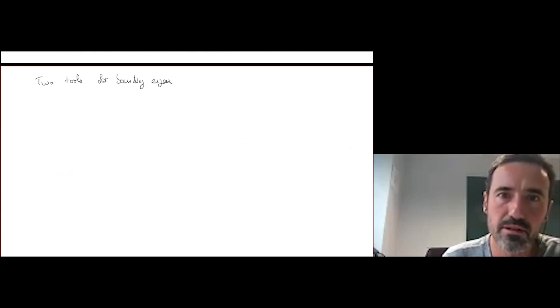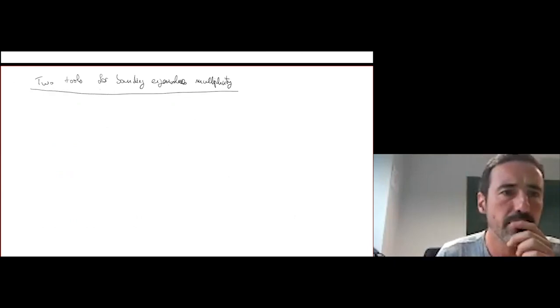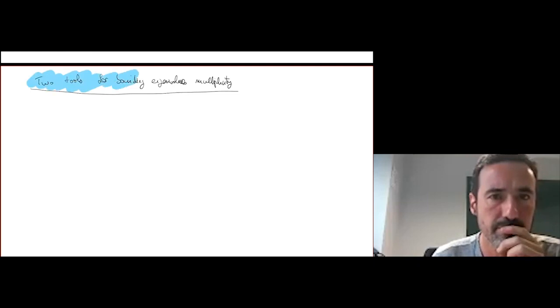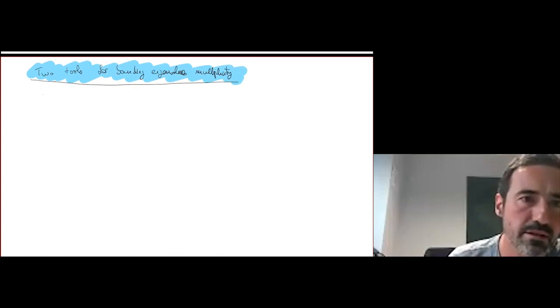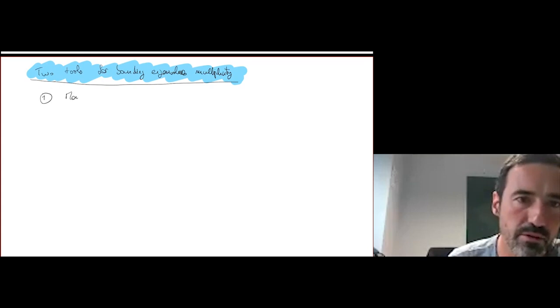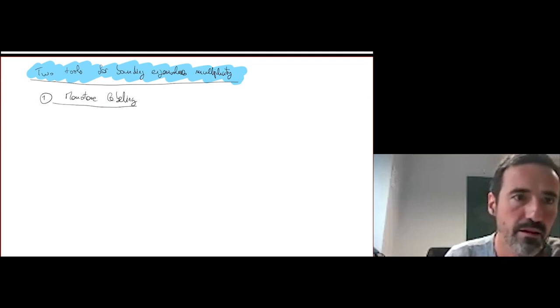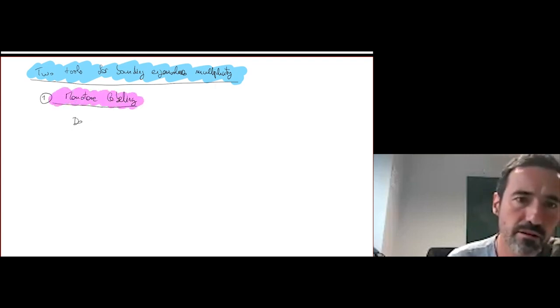Bounding eigenvalue multiplicity. The first method that we have used with Sen and Benjamini-Schramm is a method which we called monotone labeling, which is relatively easy to introduce.